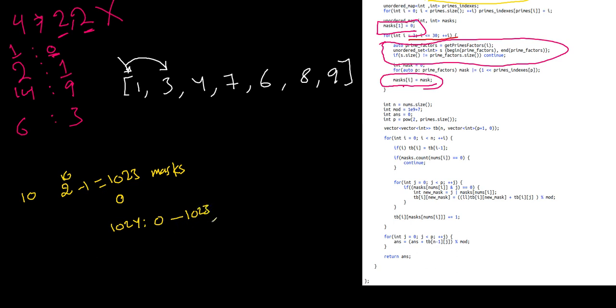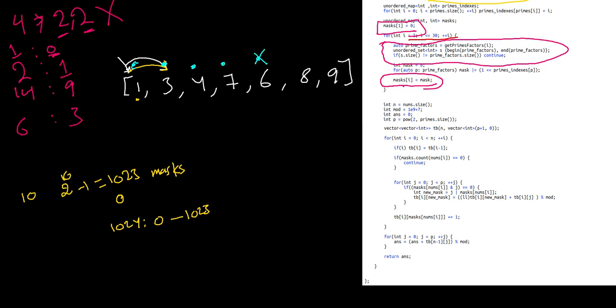So for every mask we calculate the number of square free subsets, and we use that in the next index. So assume we did that for this index, for this, for this, for this, and for this.